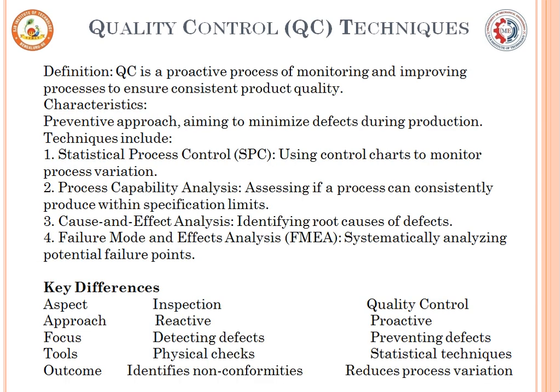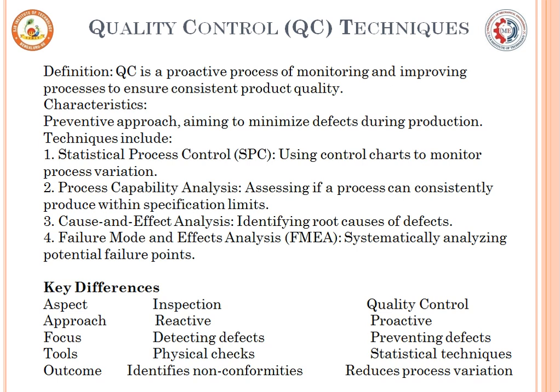So what are the quality control techniques available? They include SPC, that is statistical process control, process capability analysis, that is PCA, cause and effect analysis, and failure mode and effects analysis, that is FMEA.